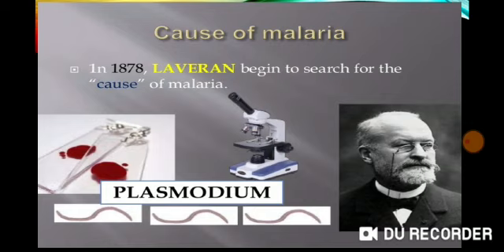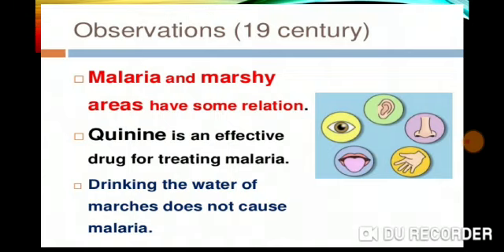He took samples from human blood and studied them under the microscope, and found that there are some tiny organisms present in the blood of patients who have malaria. He named those tiny organisms plasmodium.